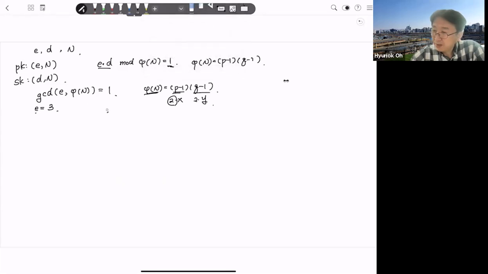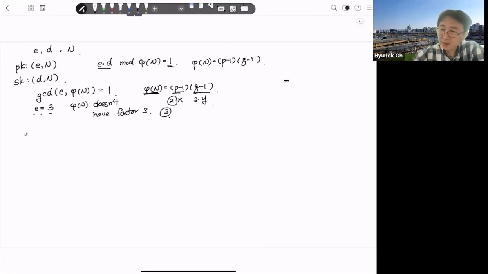But if E is 3, what we have to check is that phi N doesn't have the factor 3, right? If phi N has the factor 3, then it doesn't have a D value. So E equals 3 is the minimum, but in that case, we have to make sure that phi N doesn't have factor 3.